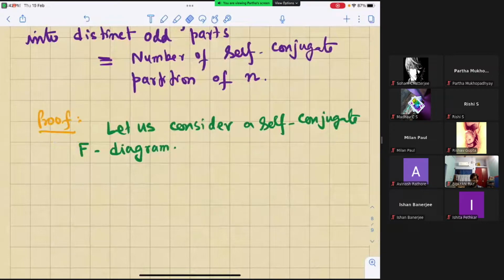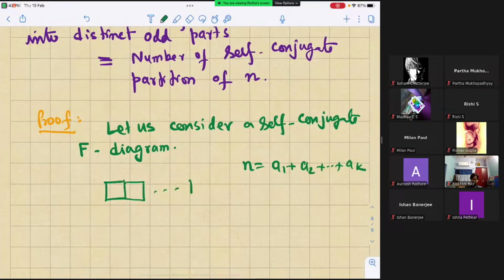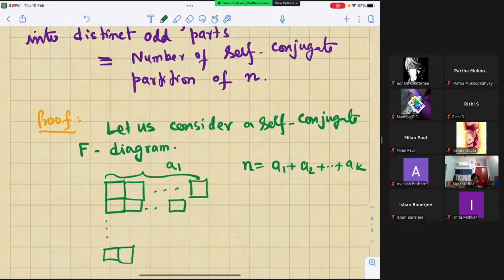So let's look at the diagram. Let's say n equals a1 plus a2 plus up to ak, and this is self-conjugate. This picture gives a lot of ideas. This is a1, a2, and maybe ak.